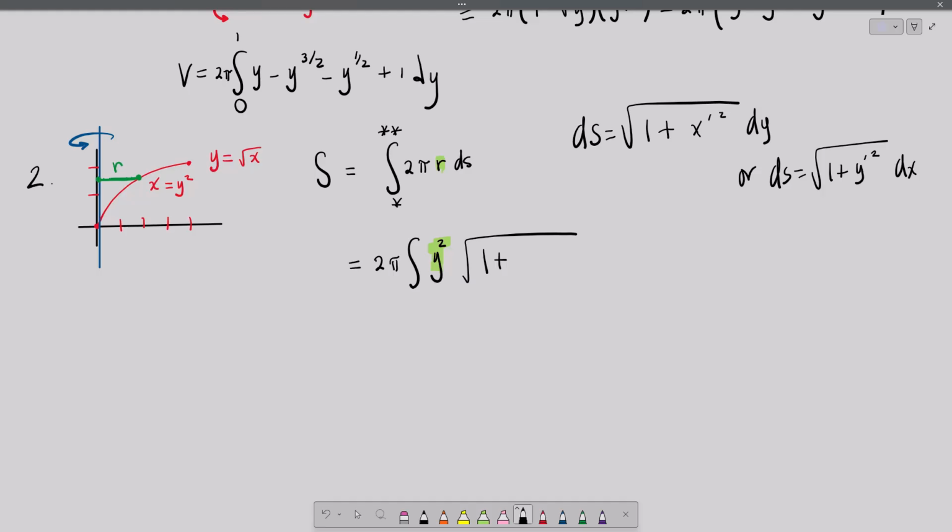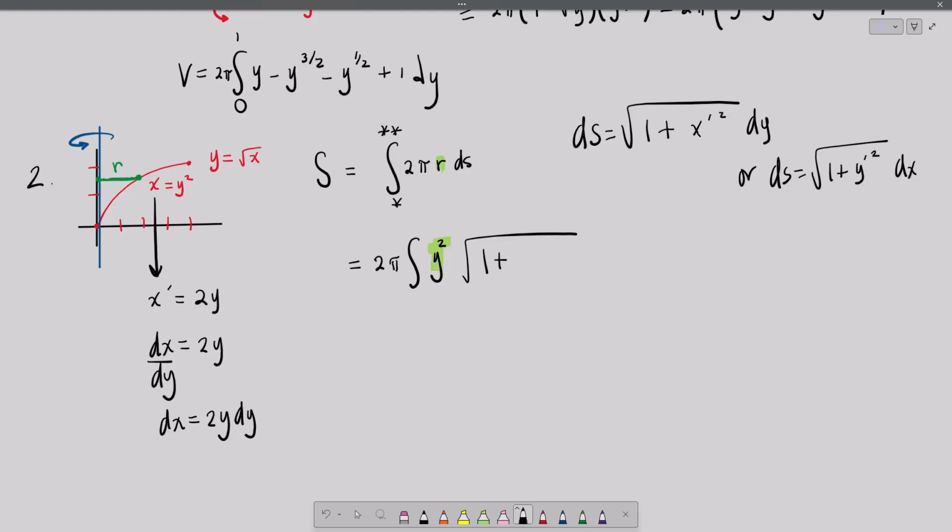So we have x right here. What is x prime? 2y. So x prime will be dx dy, so the dy is built in. If we wrote it in differential notation, dx would be 2y dy.